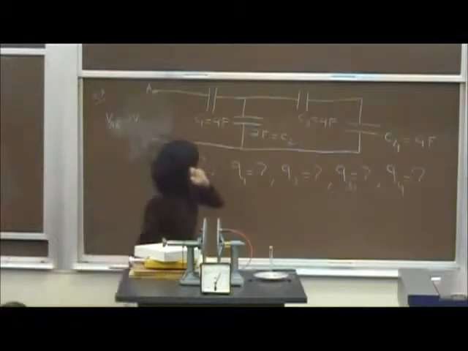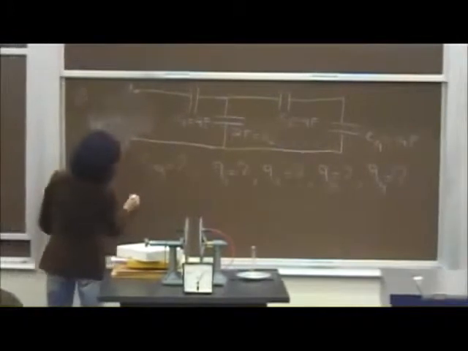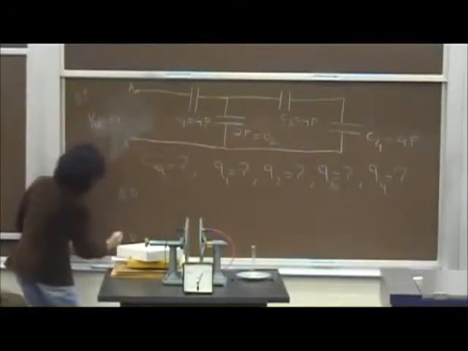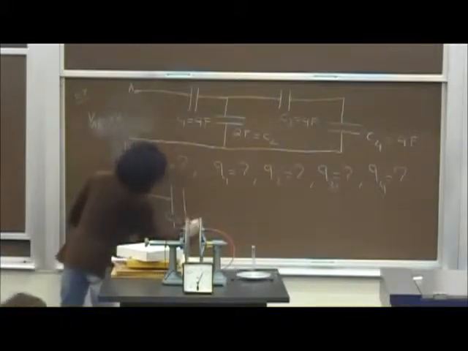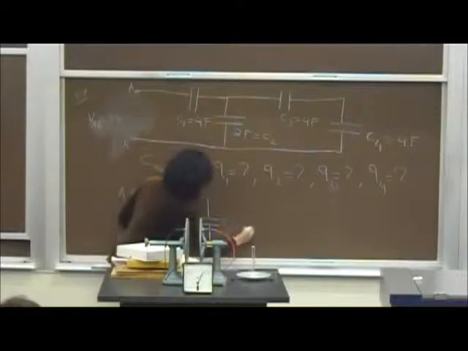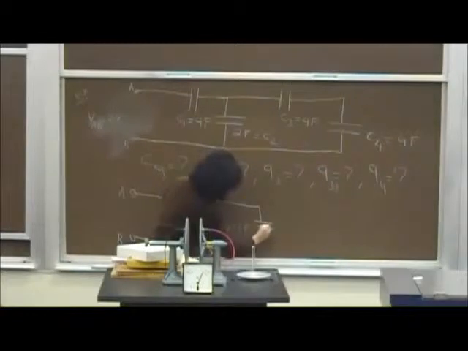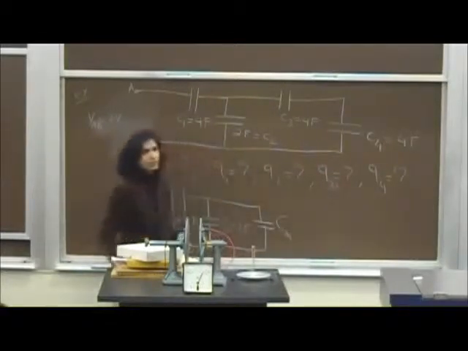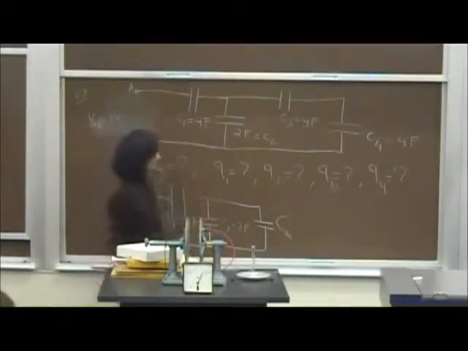Okay, so if she is right, then we can combine these two. Let's combine those two together, and we end up with a circuit that looks like this. Instead of these two, we have just one thing, and let's give it a name. Do you want to call it Harriet, or C34 will be a better name? Well, let's call it C34.